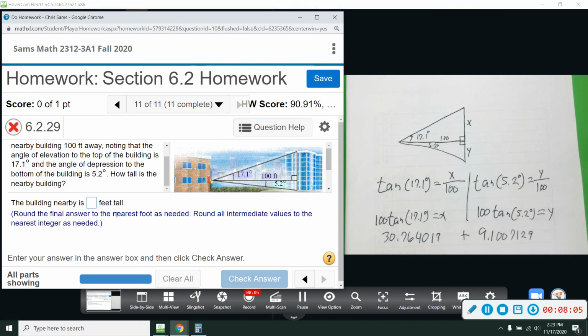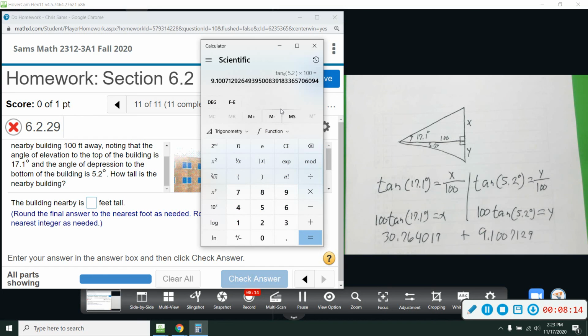We want to round to the nearest foot, so we're going to round to the nearest whole number. So the fact that we have several decimal places definitely helps. So this number is already in there. So I'm just going to add 30.764017 and round it to the nearest foot.